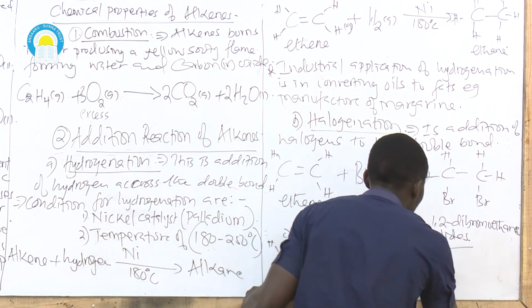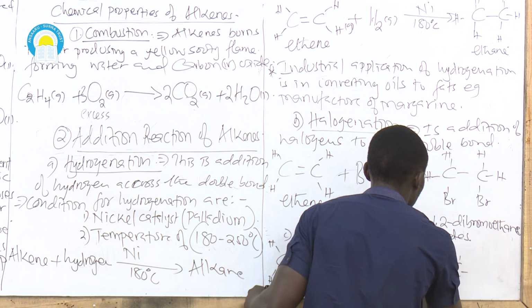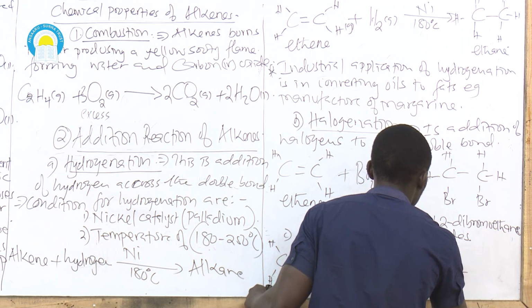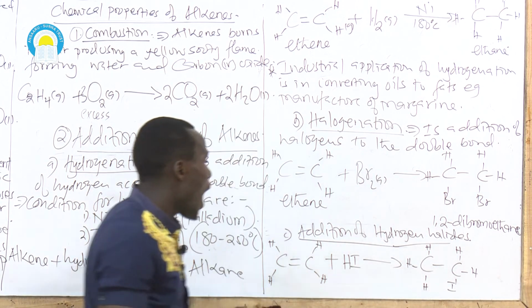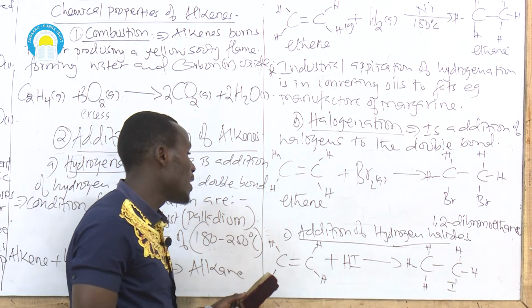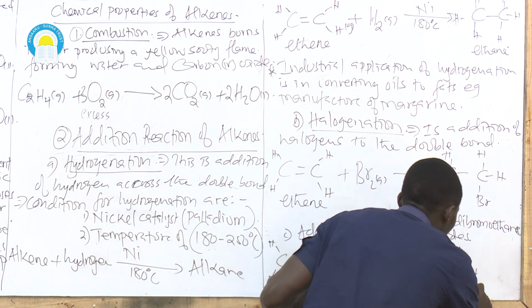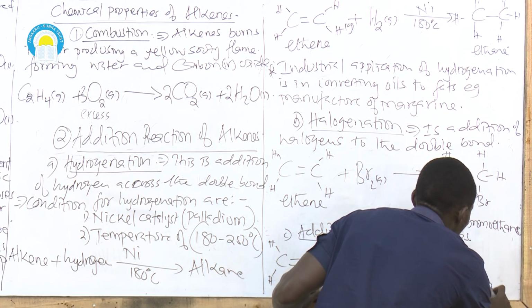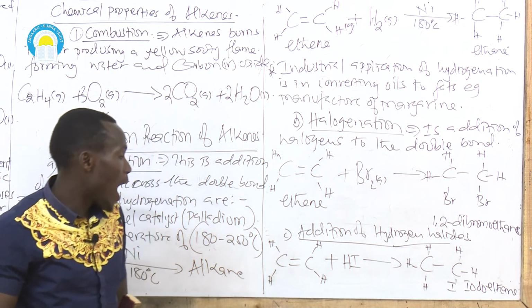So we get C, C with five hydrogens and an iodine. How do we name this? This is named iodoethane, because we have added an iodine atom.